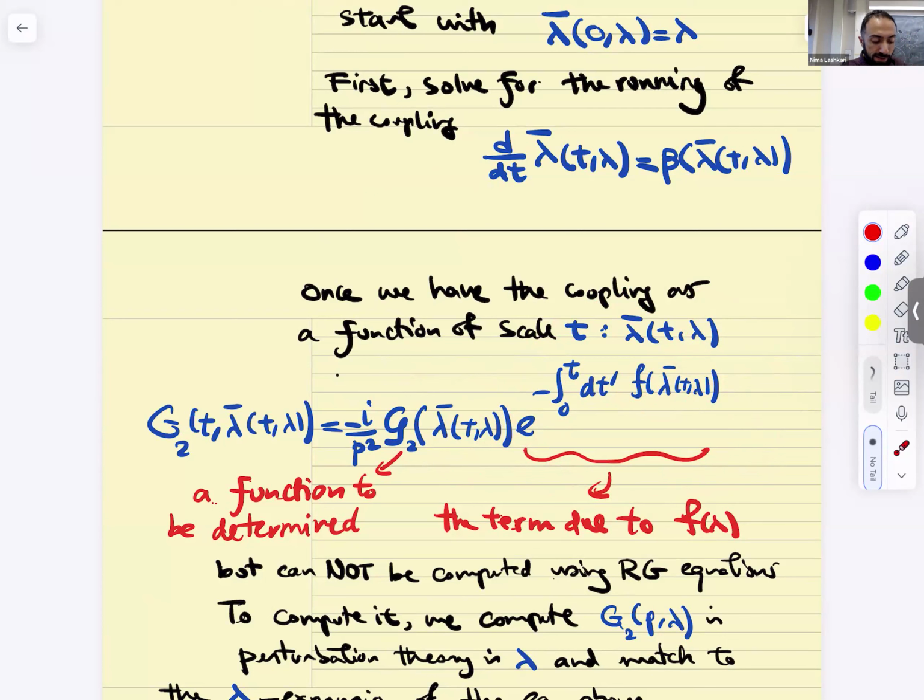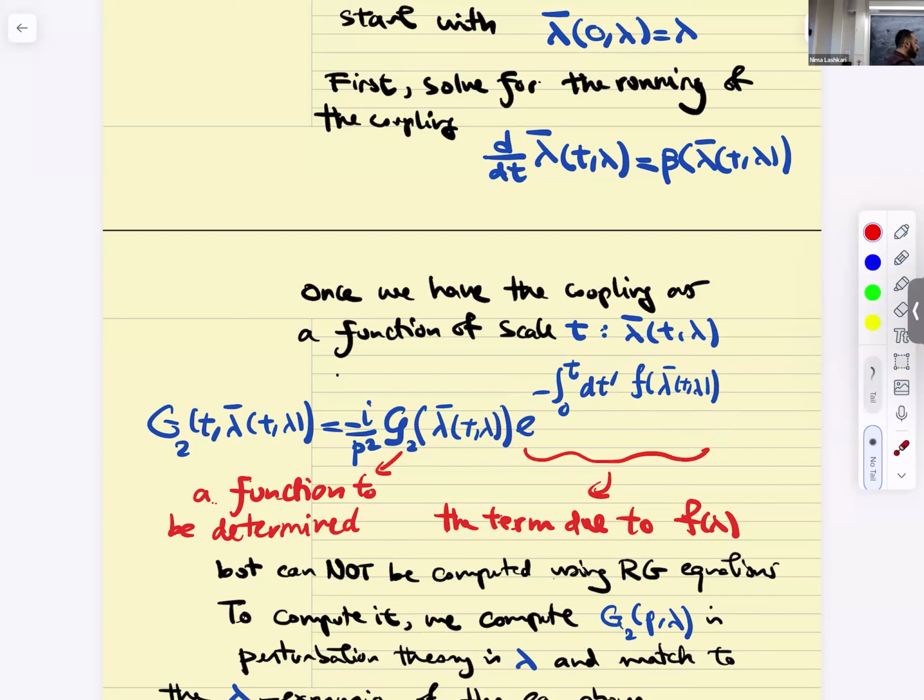Now, this function cannot be determined using RG equations. It depends on the theory. From the structure of Callan-Symanzik, you can just deduce that it will have the following structure: it will be e to the power of an integral of something that has to do with gammas, coming in an exponent, and that's about wave function normalization.